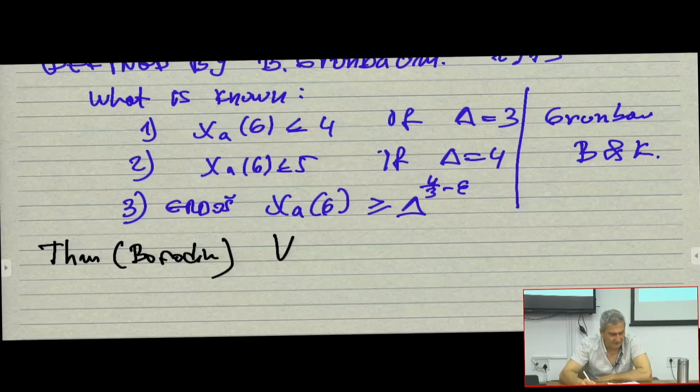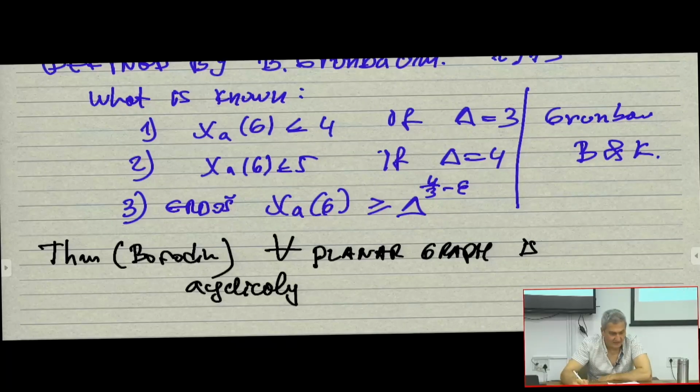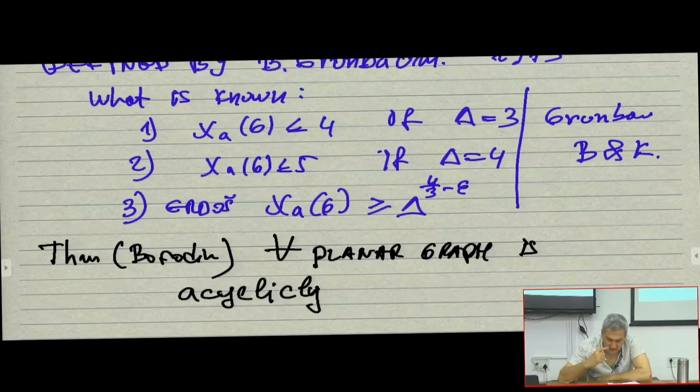Every planar graph is acyclically five colorable.